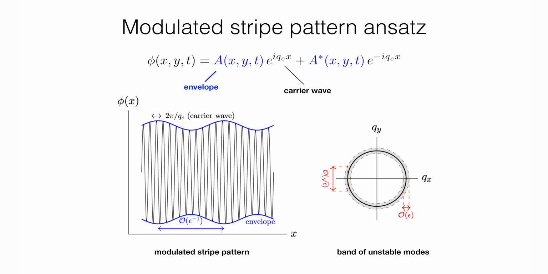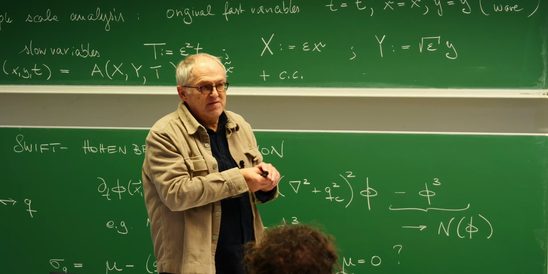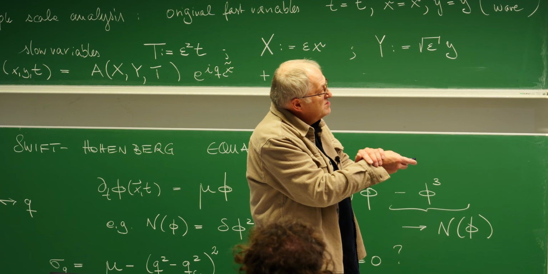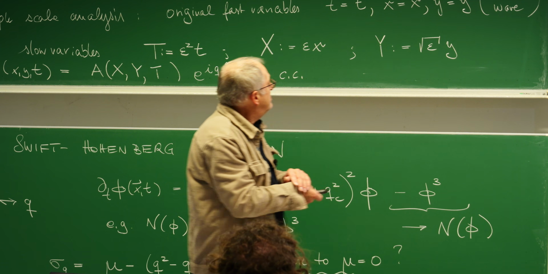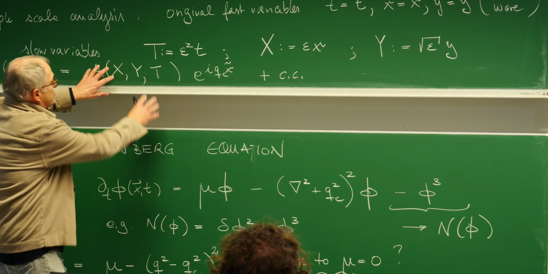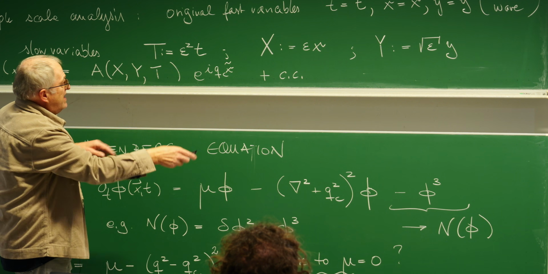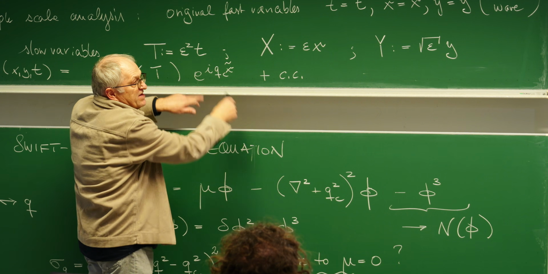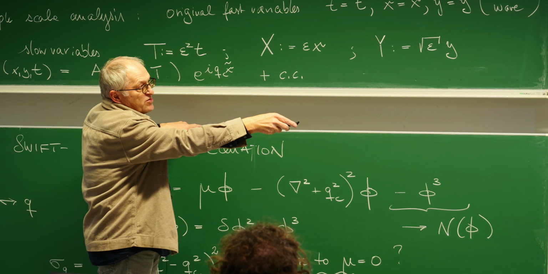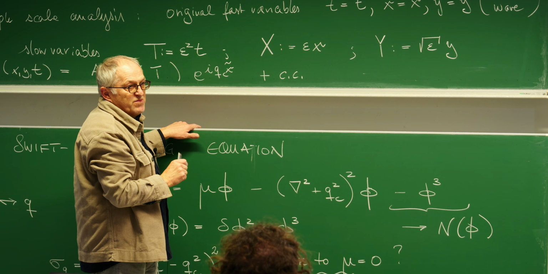So I need to do bookkeeping between all the different terms that I want to have in the system, and they should be kept in a consistent way away from the critical point. And for that, I introduced this bookkeeping parameter epsilon, such that I have this slow variation coming from the modes in the band, and the fast variation coming from the mode that is the fastest growing mode.